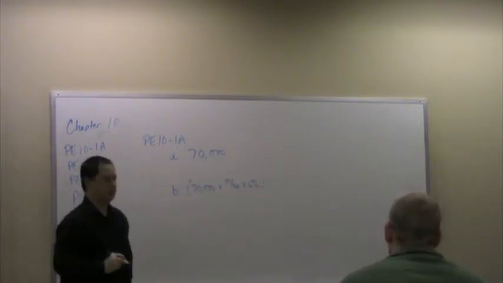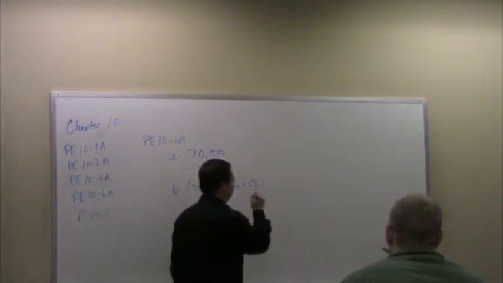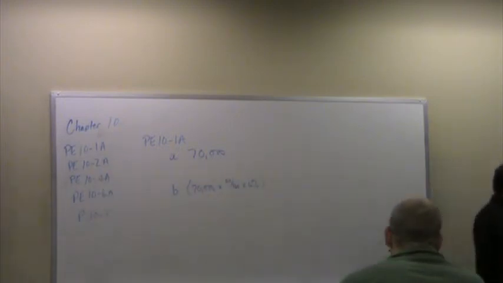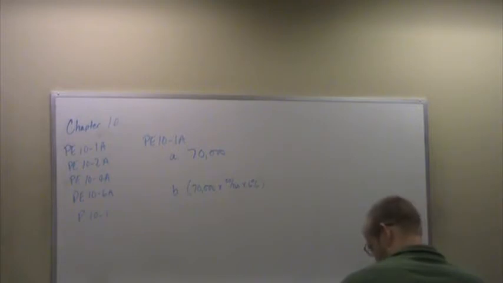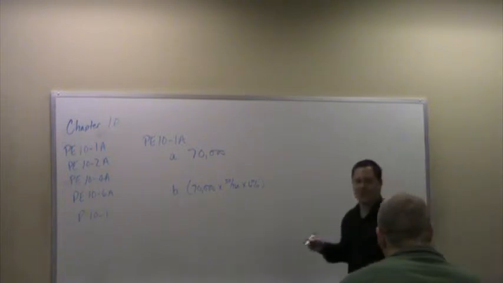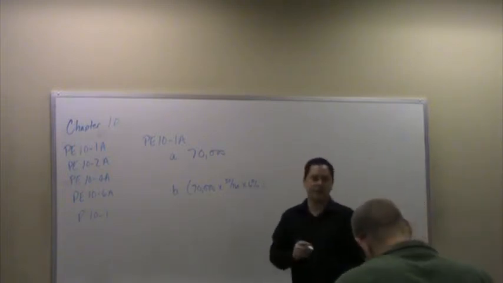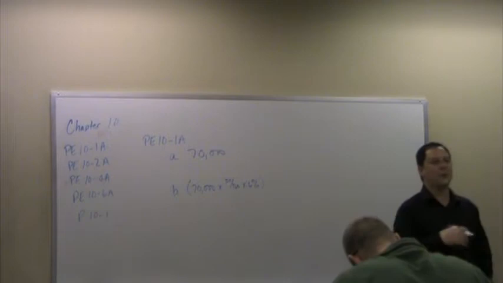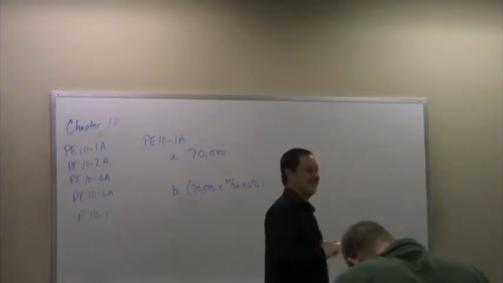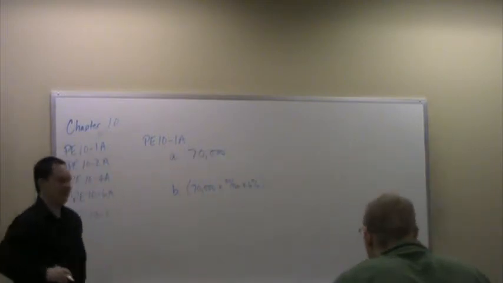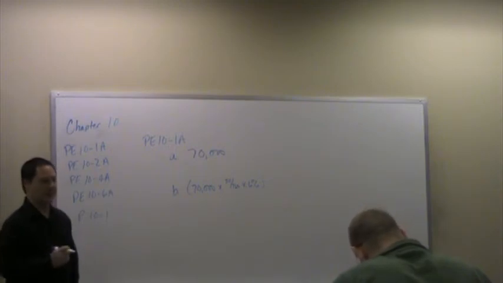Is it 360 or 365? Let me see if they took 360 or 365 here. Usually they'll do 365, but sometimes in our stuff they make it easier. They made it easy on this one, 360, to make round numbers. But normally it's 365.